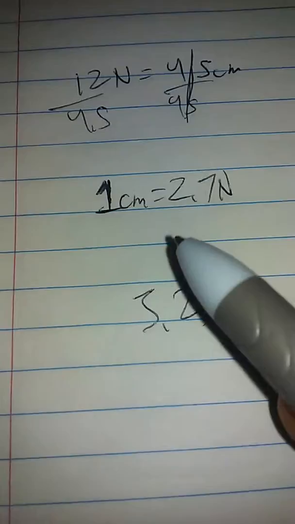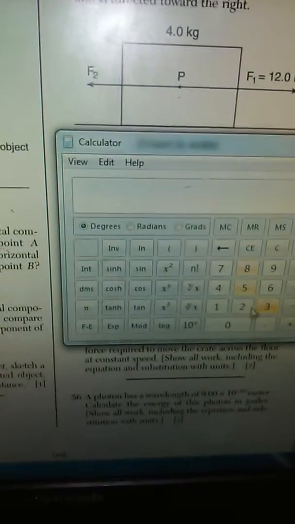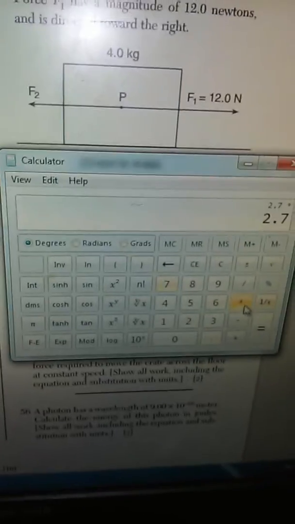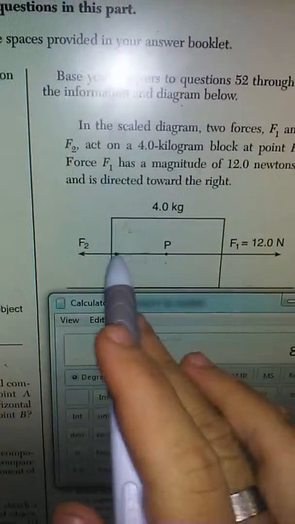So if 1 centimeter represents 2.7 newtons, how much does 3.25 centimeters represent? All we have to do is multiply 2.7 by 3.25. 2.7 times 3.25 is 8.775. So that is the magnitude of this vector right here. That's how many newtons it represents.